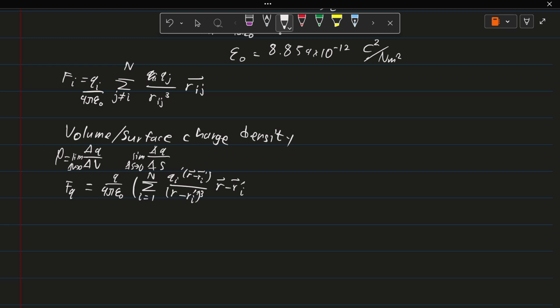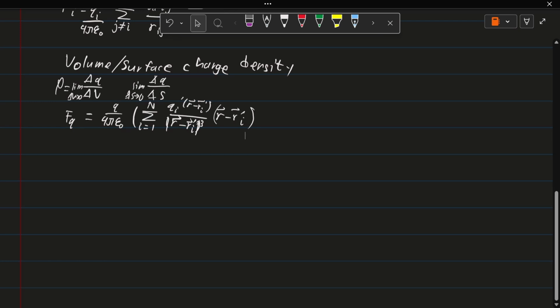Sorry, so it's the magnitude of r vector minus r prime i. The prime here denotes the position of the charges corresponding to a certain reference frame. So that's for each of the discrete objects.